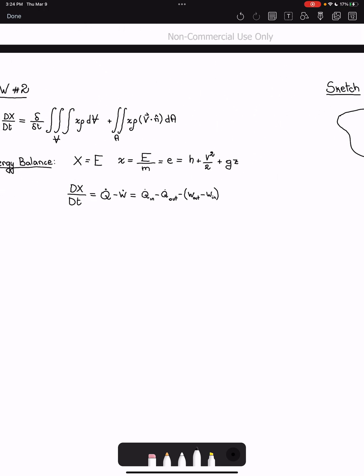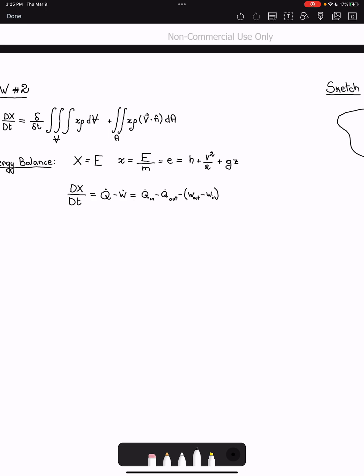Now, the one thing that I find a little bit confusing is the signs with this, because in thermodynamics the work out is negative. In our case, the work out will be negative, the work in is positive.